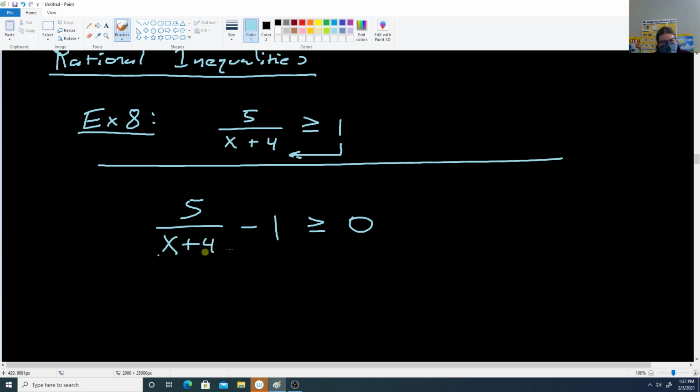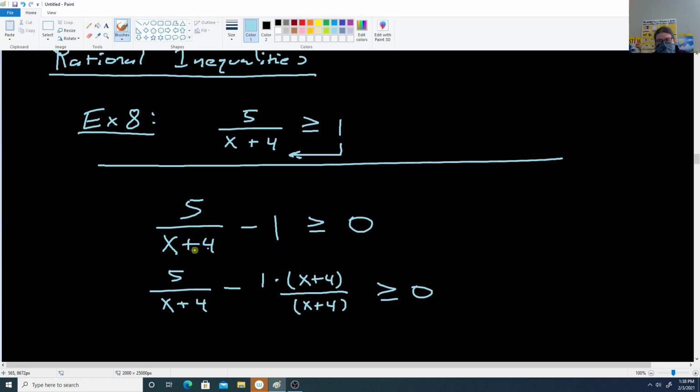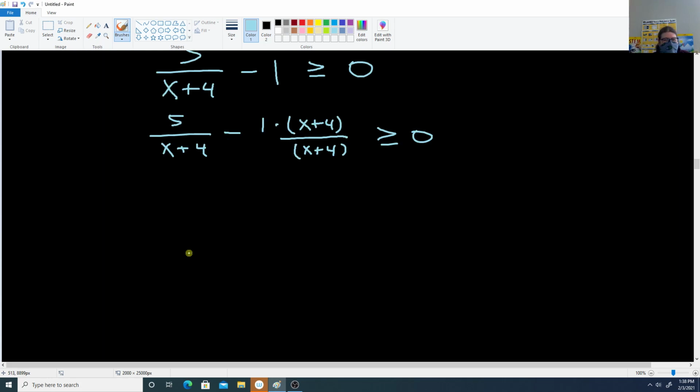Now, I need to combine these together, and I can't do that until this has the same denominator as this. So in order to make that happen, I'm going to have to multiply the 1 in the top by x plus 4 and down in the bottom by the same x plus 4. This makes the denominators have the same size. So now that they have a common denominator, we're able to write this all out as the expression over x plus 4.